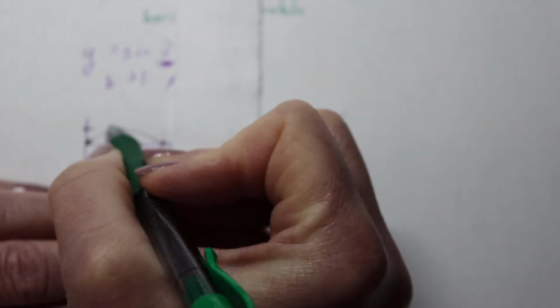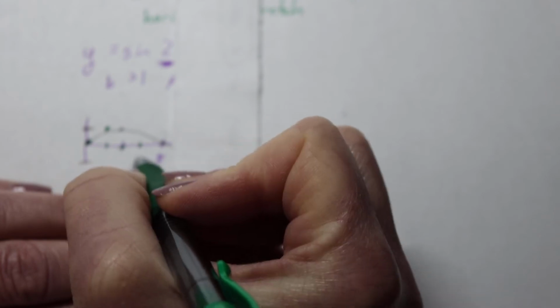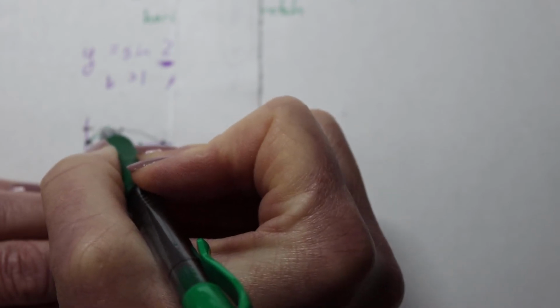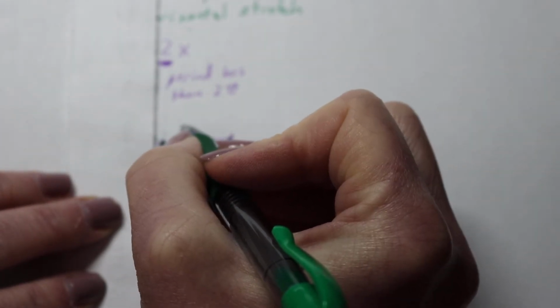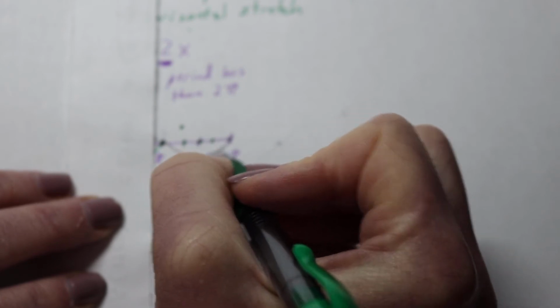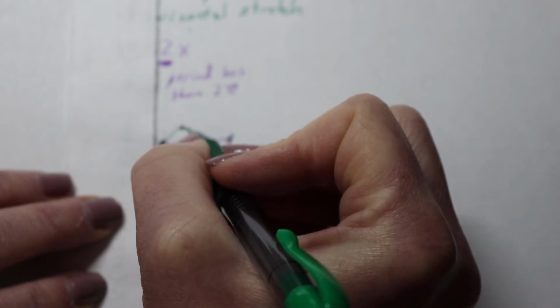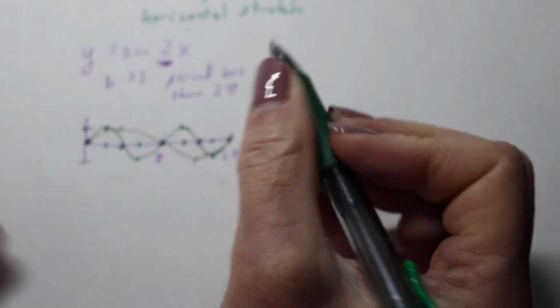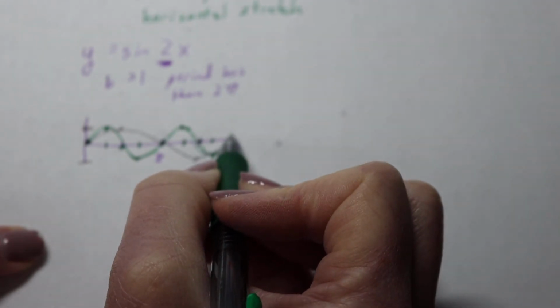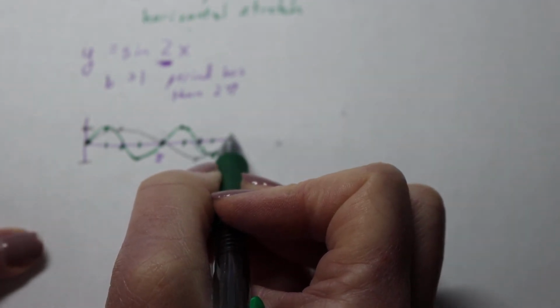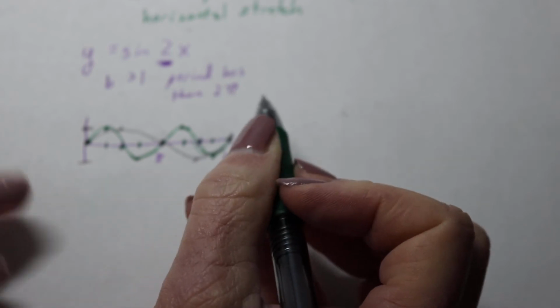So critical points here, here, here, here, and here. There's 1. Then I cover up and do it on the other side. Again, I'm at a high, back to the axis, at a low and back, and then I can sketch that in. So the green shows 1, 2, a frequency of 2 within 2 pi.